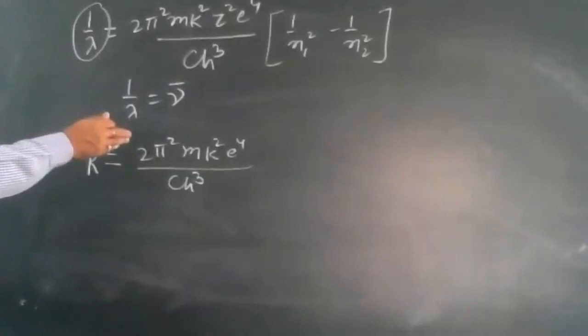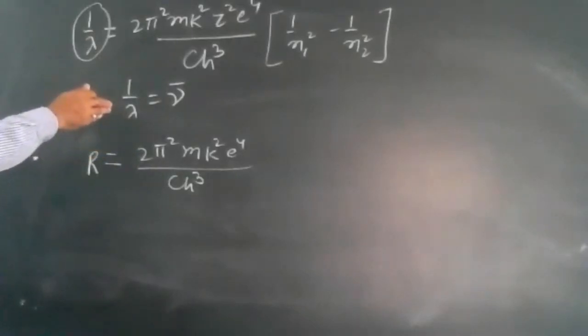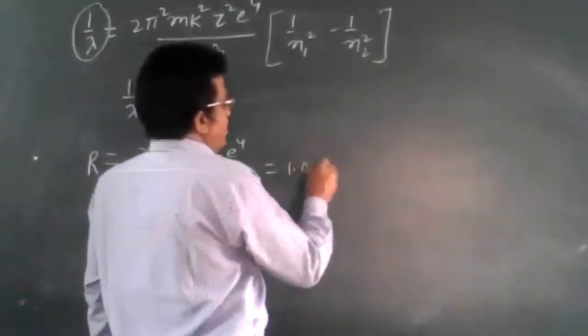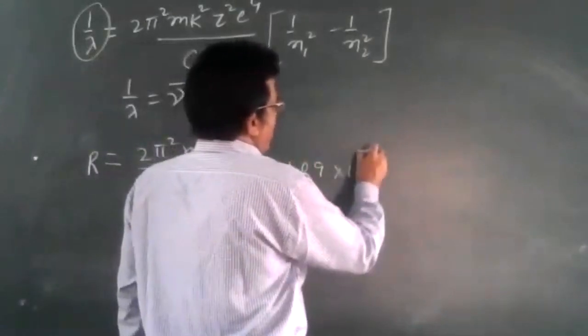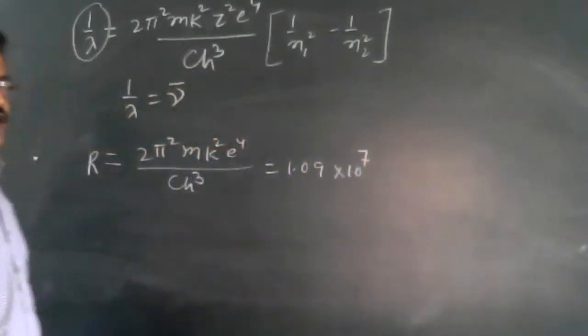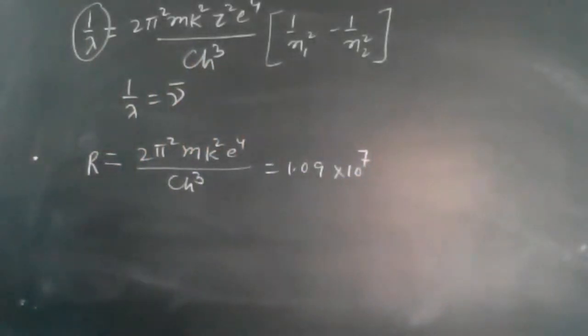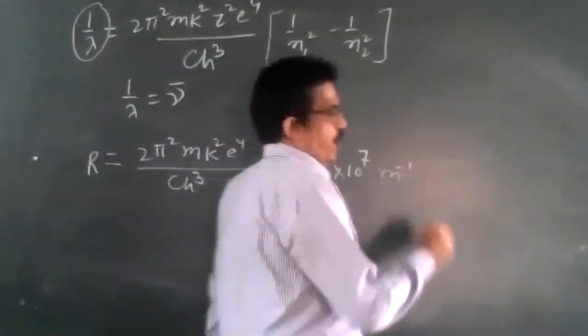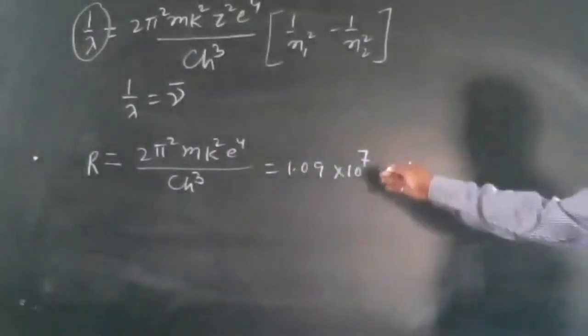Putting all the values of various terms, you can find the value 1.09 into 10 to the power 7 per meter. Write down this value.